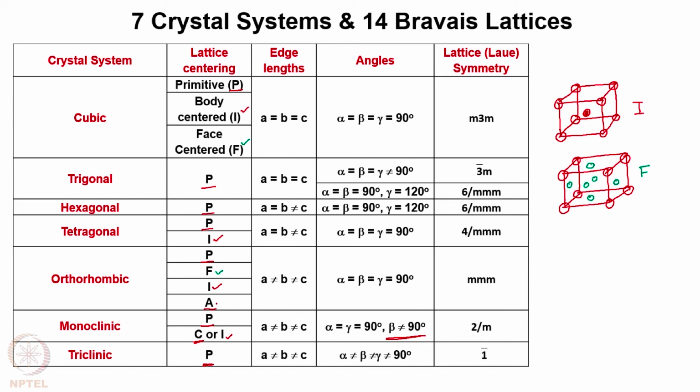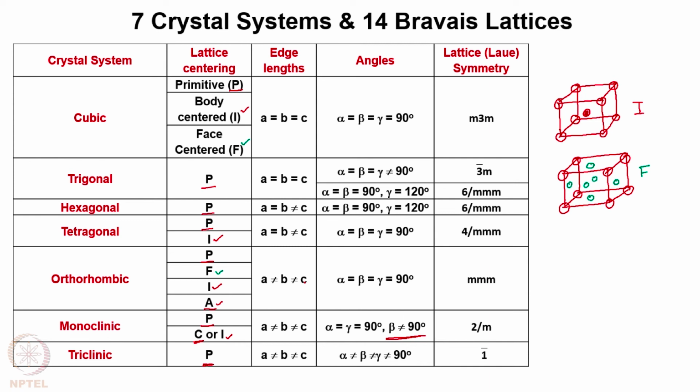And here in case of orthorhombic we have A-centered lattice. In case of orthorhombic you have three sides A, B and C, and they are not the same. So conventionally, if only one parallel face of the orthorhombic lattice is centered, that lattice is termed as A lattice, and that particular face is designated to be the A face. That means it is the BC plane in which this atom is centered.